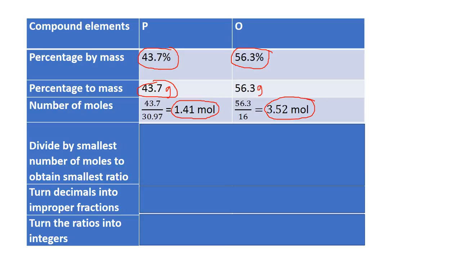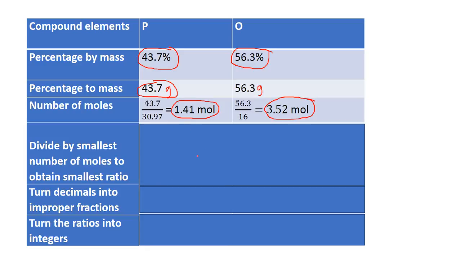Now, once we get the number of moles, we need to divide by the smallest number of moles, because we want to obtain the smallest ratio of the moles. So we look at this. We see here we have 1.41 mole. Here we have 3.52 mole. So in this case, the smallest number of moles is 1.41 mole.